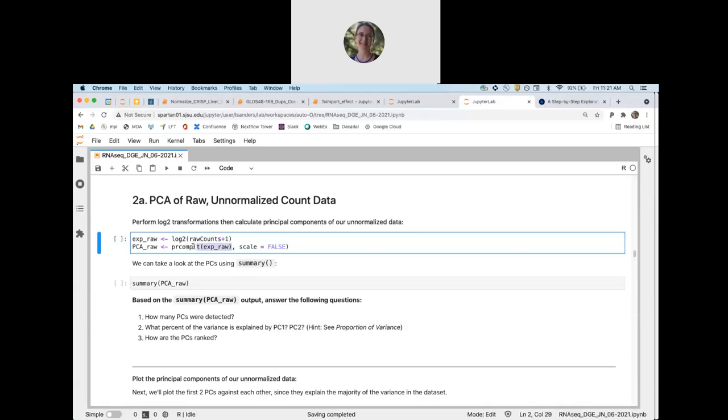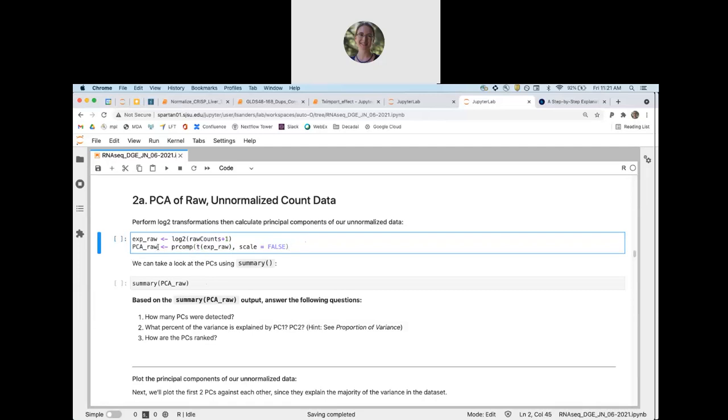Well, in this case, the prcomp function expects features or variables to be columns instead of rows. So we first need to transpose our data frame. We need to flip it so that the rows are columns and the columns are rows, using a handy function in R called t, which stands for transpose.